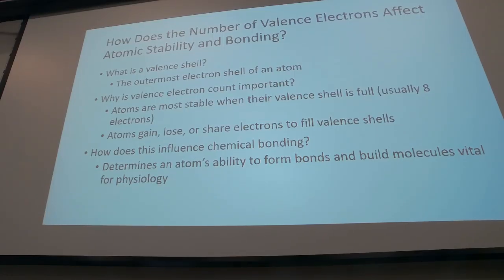So then, if it doesn't have the full 8, it can gain electrons, lose electrons, or share the electrons. But it's trying to fulfill the octet rule, which means having 8 electrons in its outer shell.